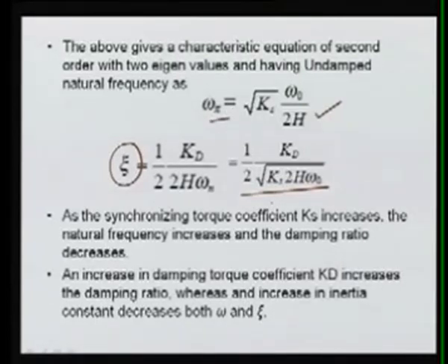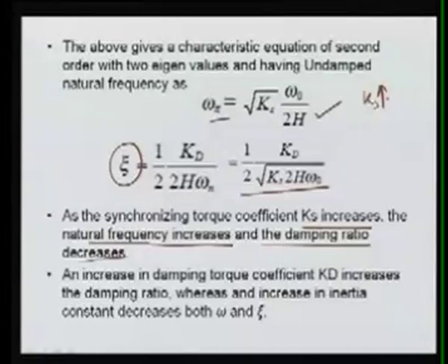As the synchronizing torque coefficient Ks increases, you can see the natural frequency increases and the damping ratio decreases. Once Ks increases, omega n increases, however the damping ratio decreases.